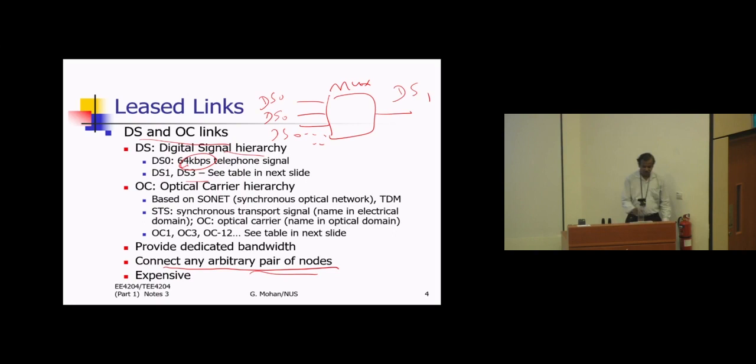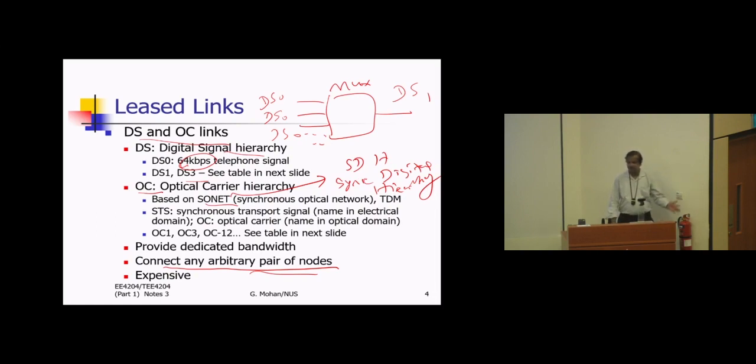Later evolved what is called the OC links, which is based on SONET, synchronous optical network. Equivalently, we have SDH, synchronous digital hierarchy. SDH and SONET are similar networks, similar standards.